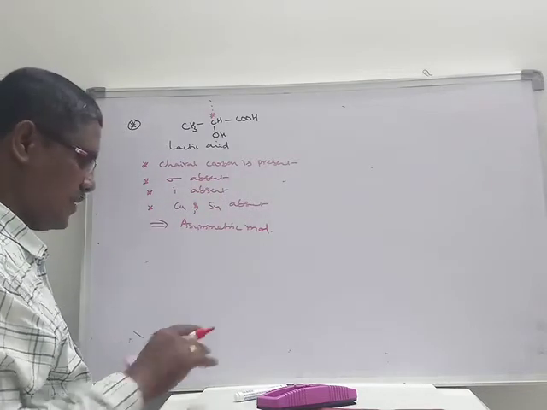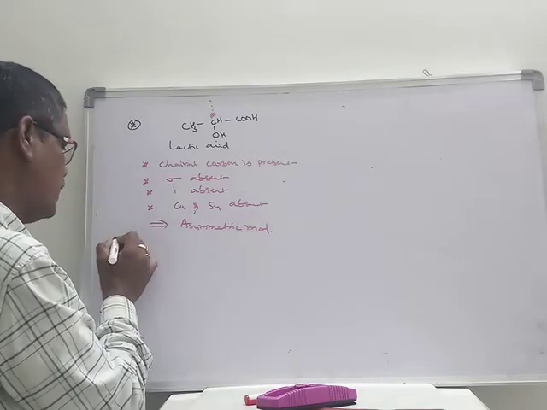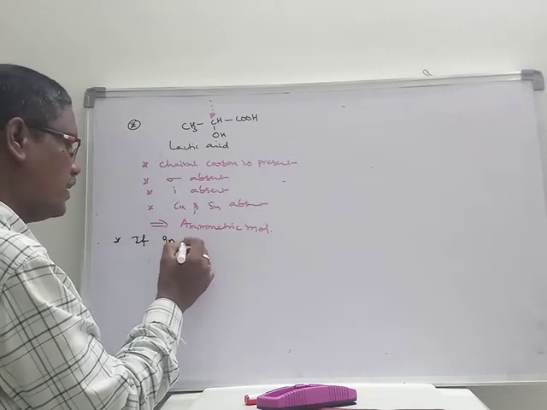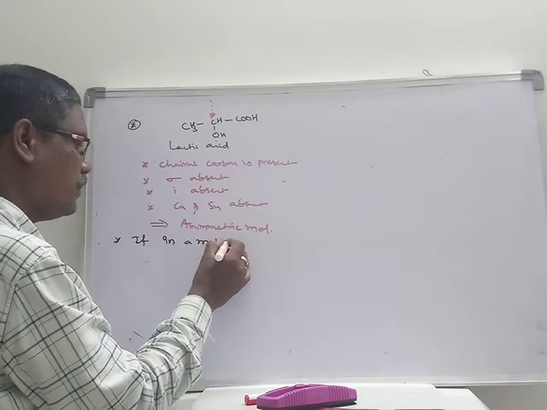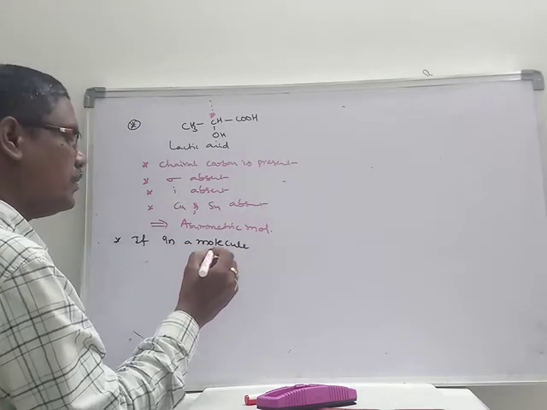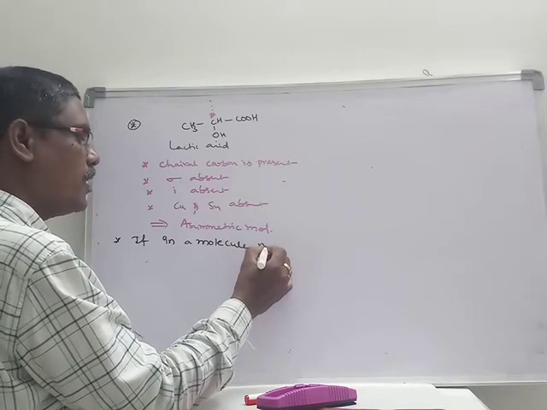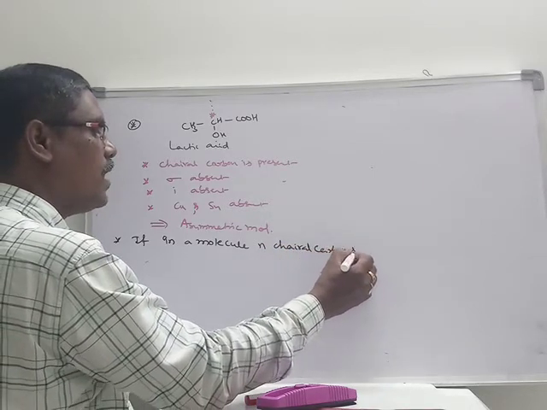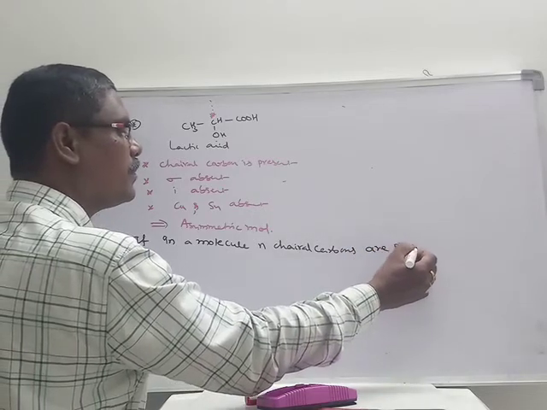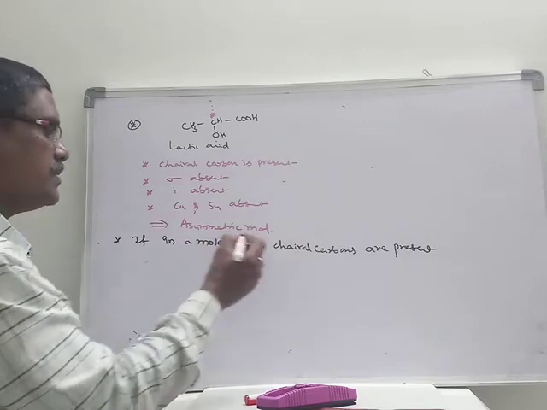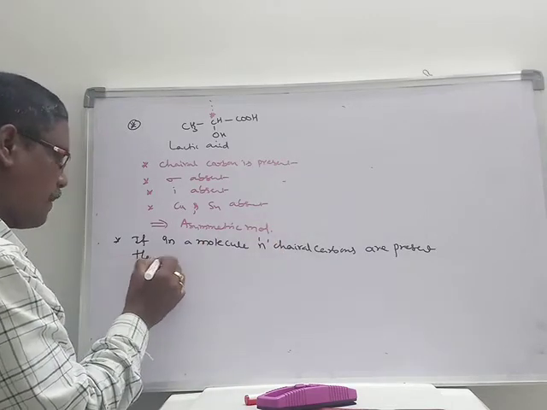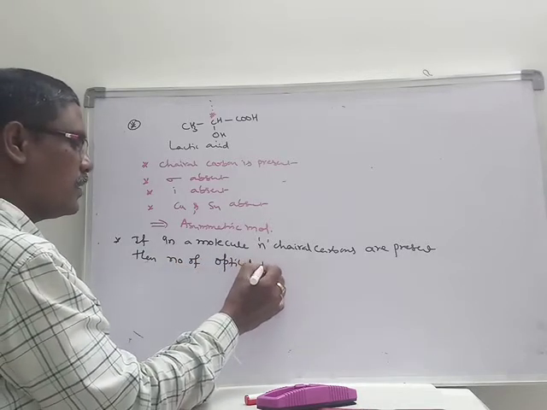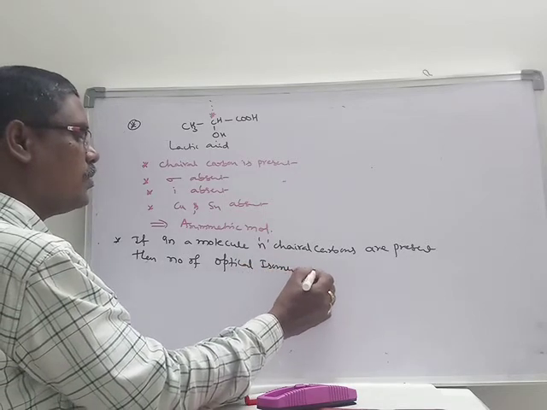And one more important formula. If in a molecule n chiral carbons are present, then the number of optical isomers is equal to 2 to the power of n.